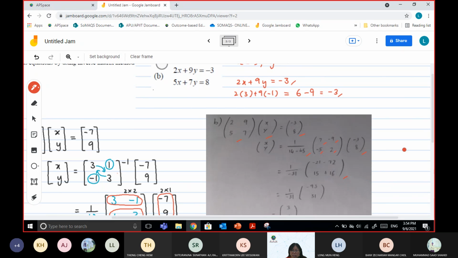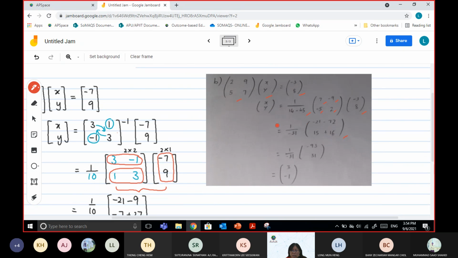Then calculate the multiplication of the matrix. The determinant is -31, correct. Then multiply the matrix. Then you get -93 over 31. Then calculate 3 and -1, correct. Yes, so the workings from Jingyan are correct.